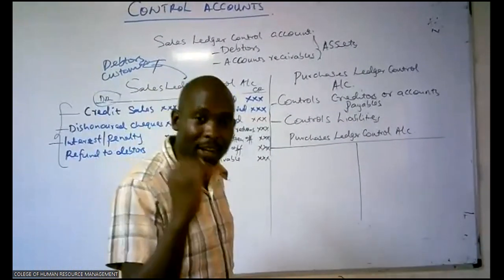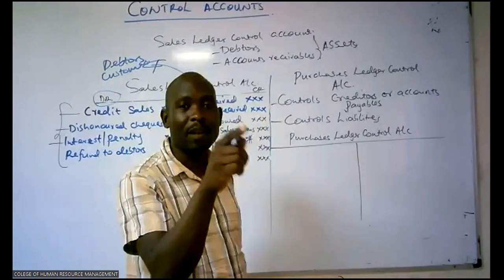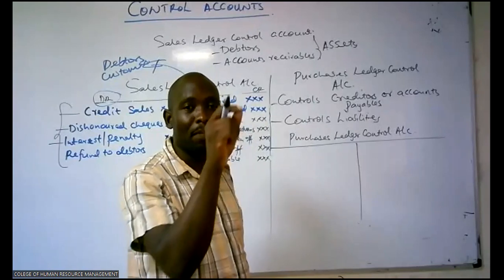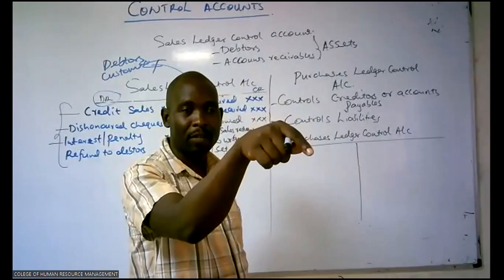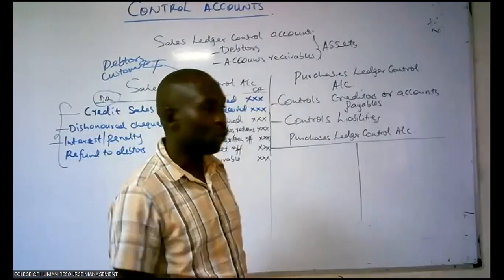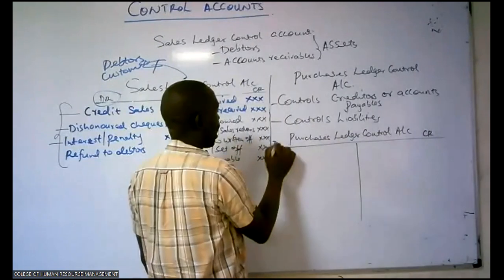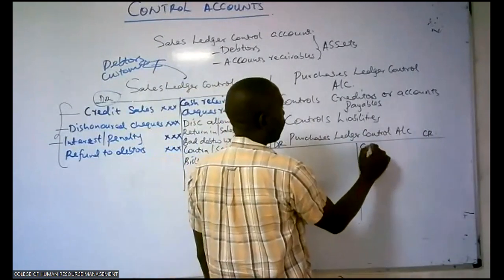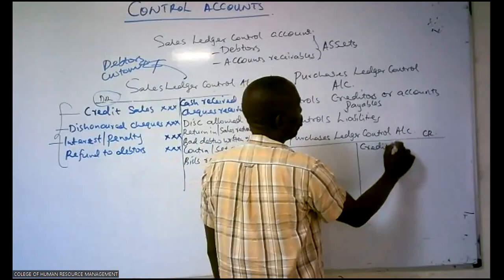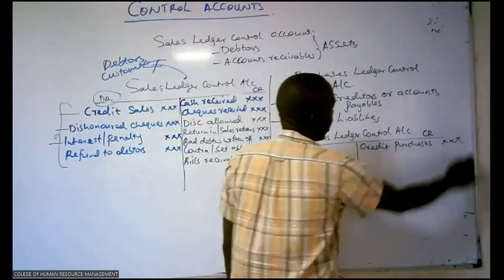We normally create creditors when we purchase from them. The moment we purchase something on credit, that particular supplier is our creditor because we owe the person. So what increases the creditor's balance? We are going to have credit purchases. That's one of them.